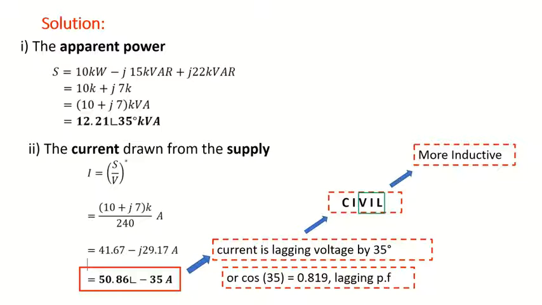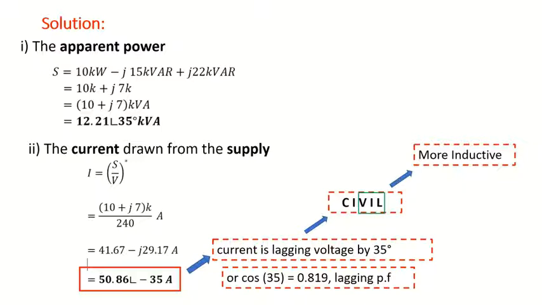The definition is from CIVIL: C is for capacitor, where the I leads the voltage; however, for the inductor, the V leads the current by certain angles.